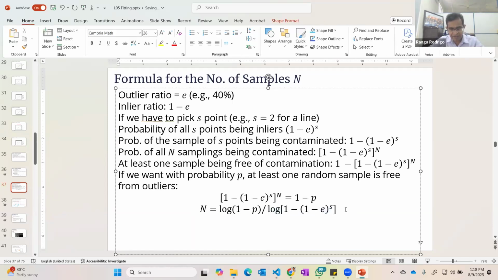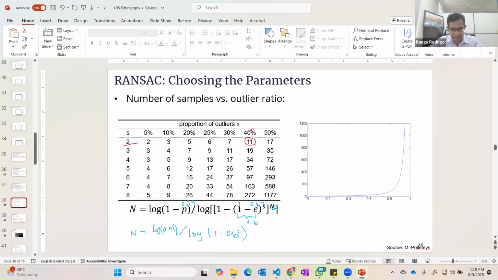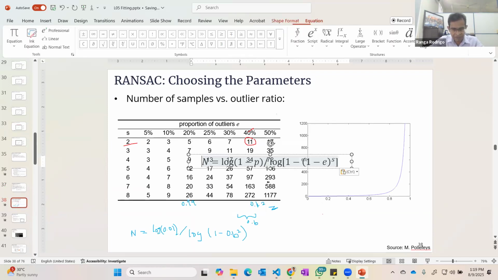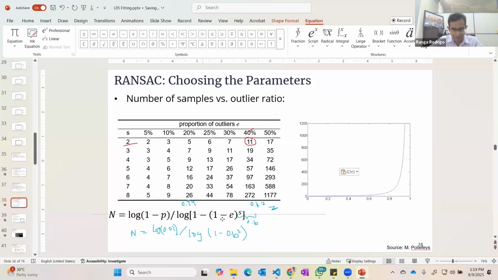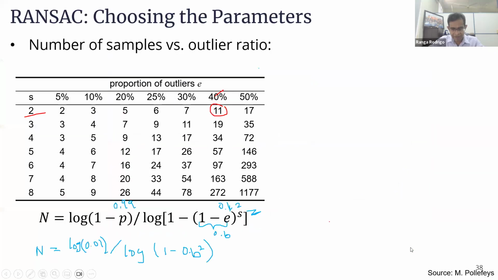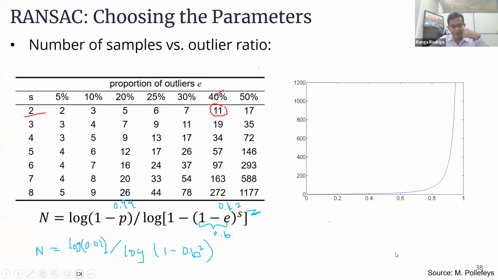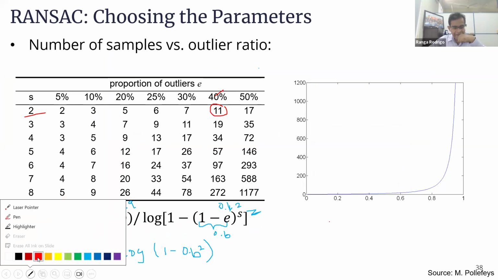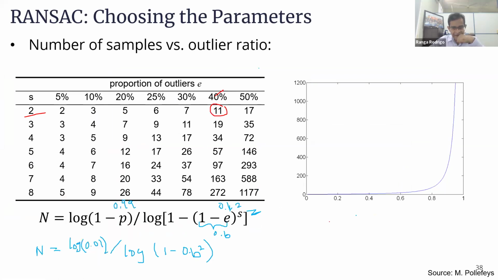It's correct. So what you can see in this case is that when the outlier ratio is large, the number of iterations that you do seriously increases. That's the problem.